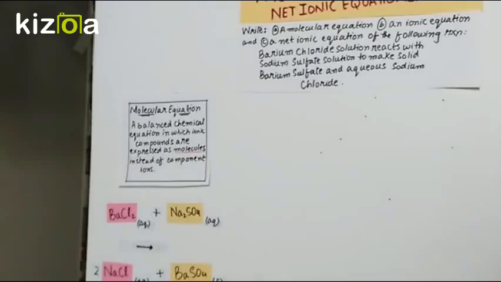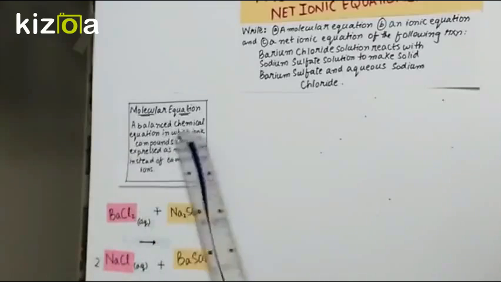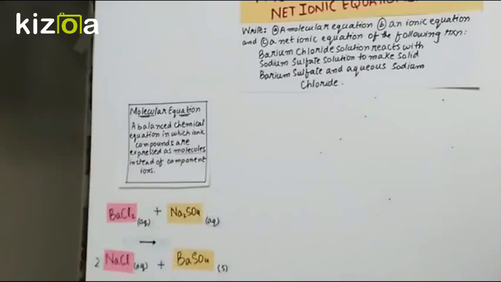Now we have to check if we're good with it. The definition says ionic compounds are expressed as molecules instead of component ions. These are ionic compounds, but we express them as molecules. They're one unit. So at this point, we're good with our molecular equation.